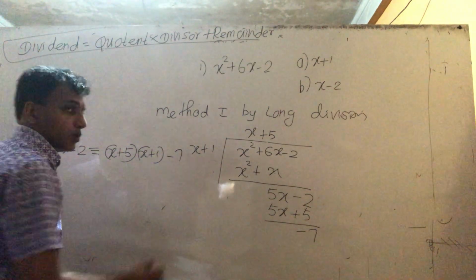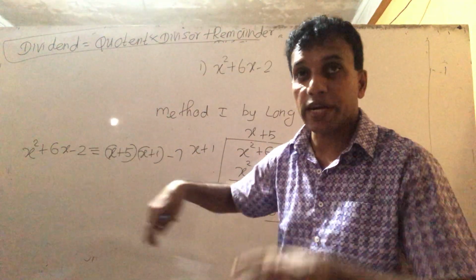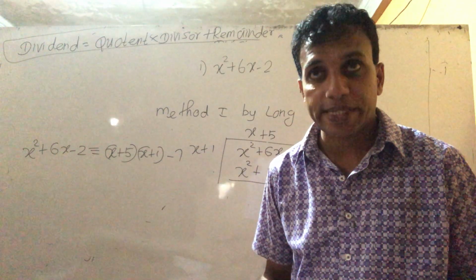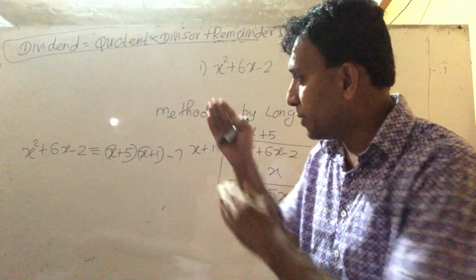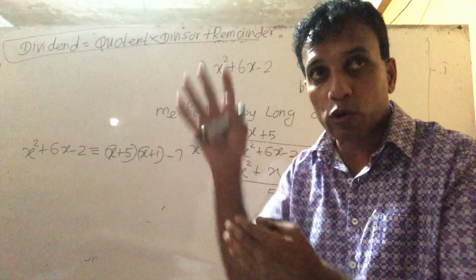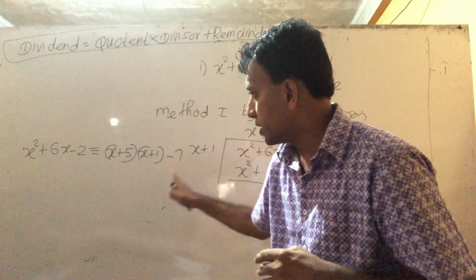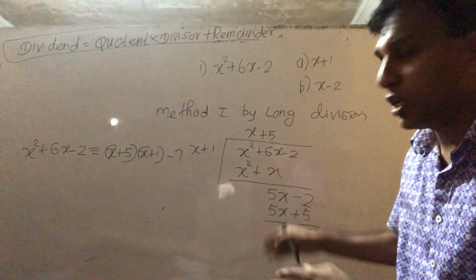This step is very important later when you study the remainder theorem and factor theorem. That's the exam problem. It's the basic idea for how to approach such problems. So this is the long division method.